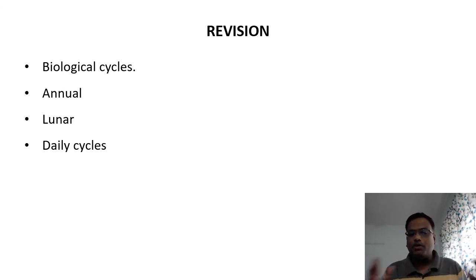And three important changes we observe in nature. Periodical changes I am talking about. One is daily change, that is controlled by the sun. Then we have monthly change, that is controlled by the moon. And the last one is yearly cycle, which is caused due to the rotation of earth around the sun.